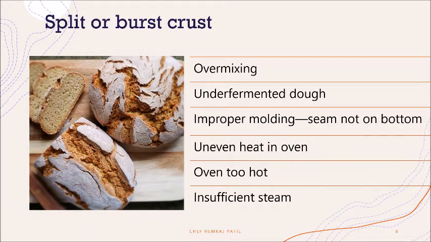Next cause is under fermented dough. If there are not enough gases formed in it, that will also cause a crack on the bread. Next, improper molding, seam not on the bottom.